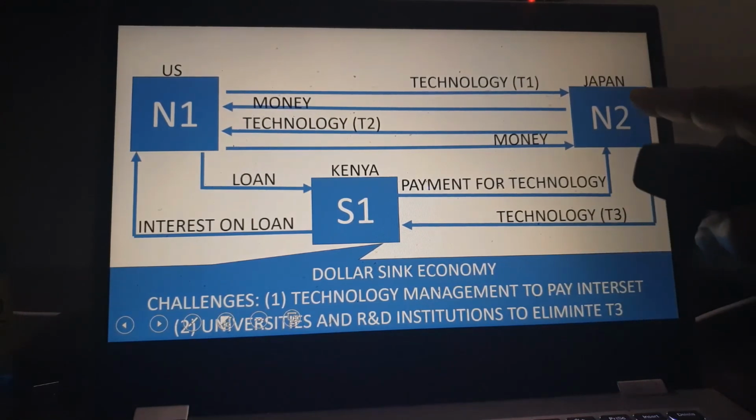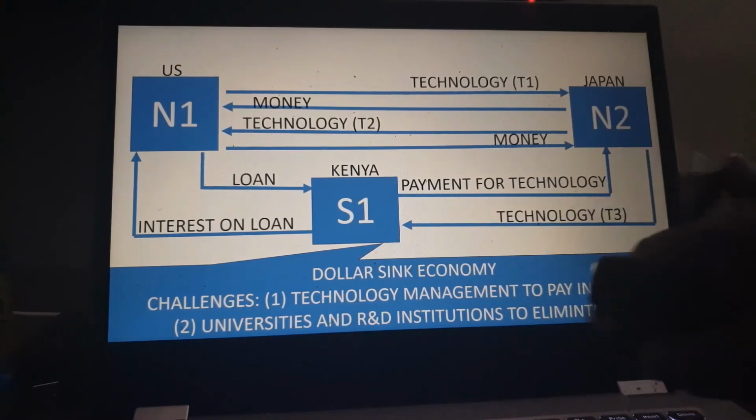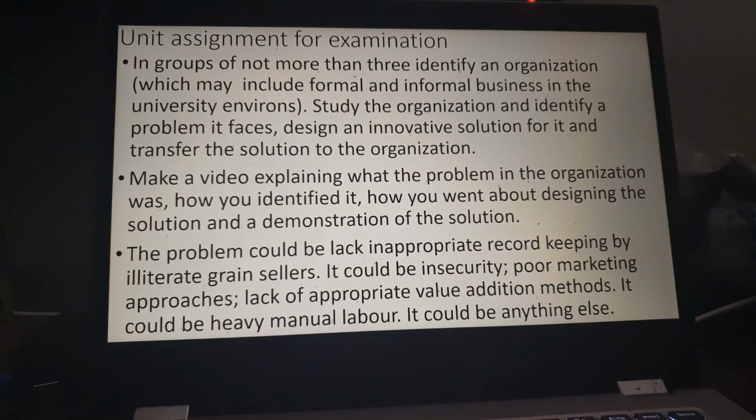Why should we import from Japan? Can we try to generate technology at home? These are the challenges our politicians, our leaders and our universities should be addressing, so that we address this political economy of technology transfer.